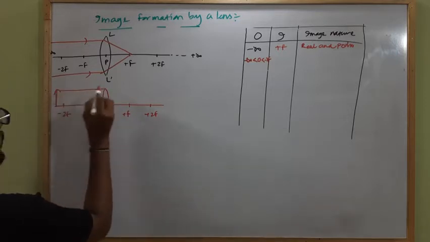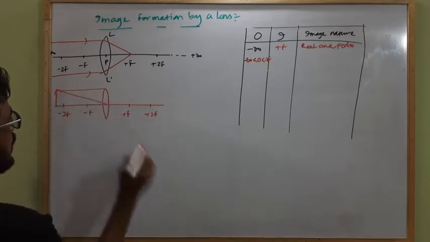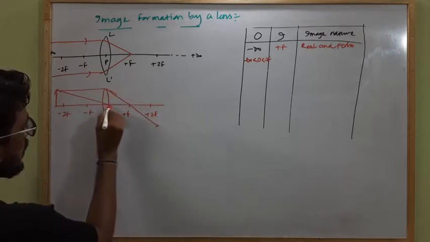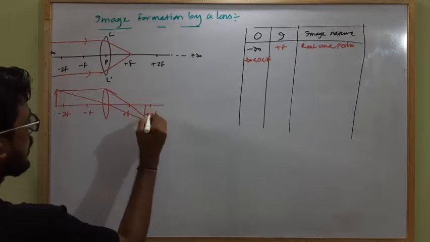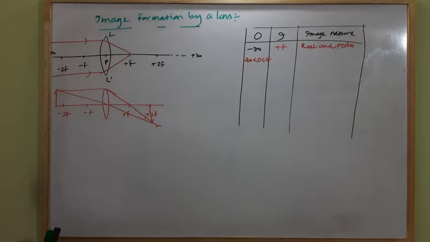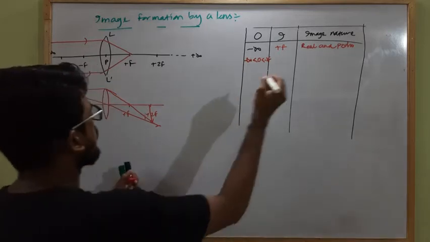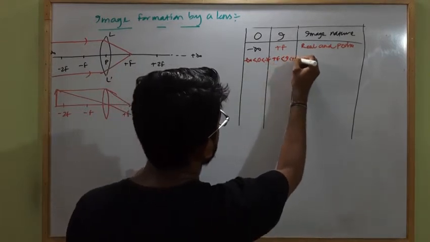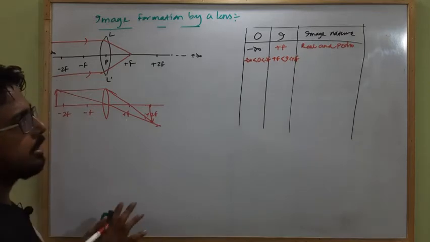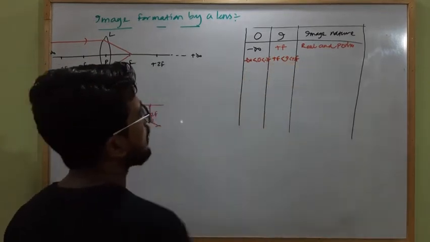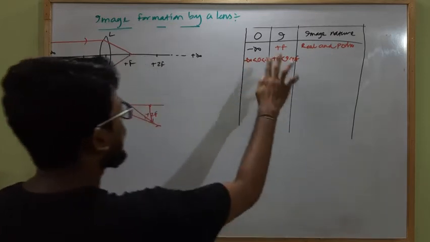So rays are coming parallel to this, and after refraction they pass through the focus, and the ray through the optical center goes undeviated. It will meet somewhere in between plus f and plus 2f. Okay, so if object is minus infinity to minus 2f, image will be in between plus f and plus 2f. Clear?